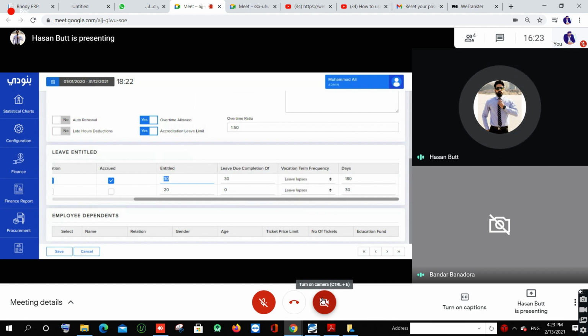If it is yes, it means that 30 days of leaves will be divided over 12 months, and each month will have the holiday percentage. One month will be 2.5 days or 2.6 days. Very good. Is it clear, guys?